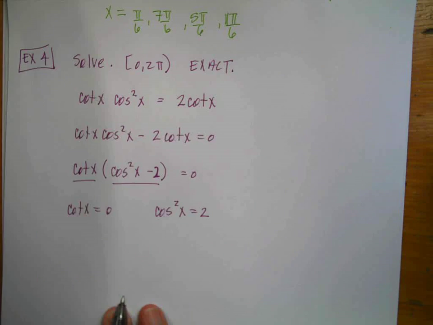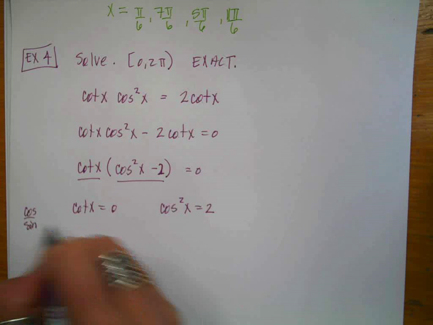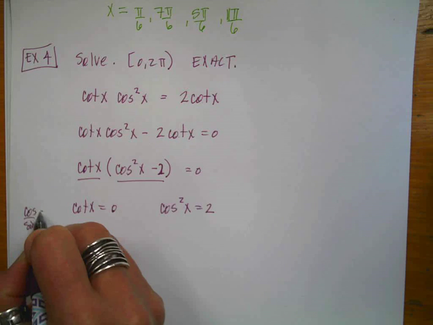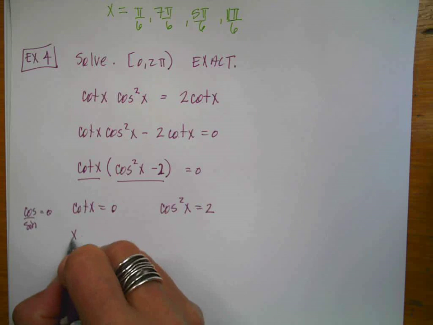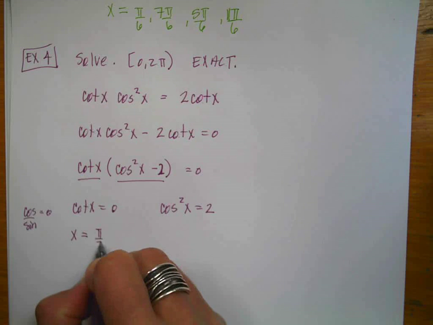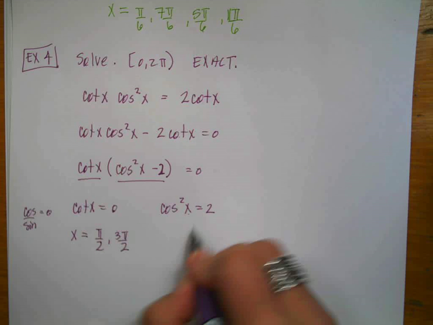Okay, so if we think about the cotangent of x, cotangent is cosine over sine. So cotangent is going to be 0 where cosine is 0. So cosine is 0 at x is equal to pi over 2 and 3 pi over 2.